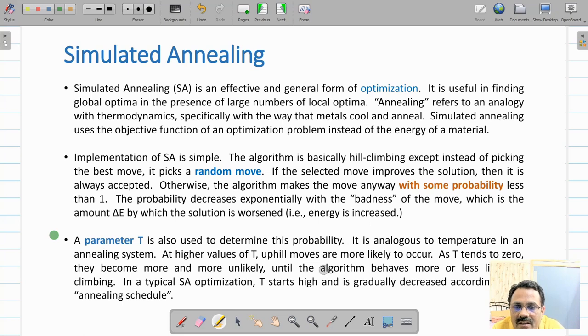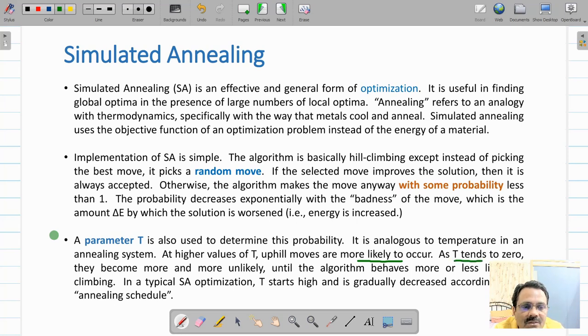T is used for determining the probability. That is analogous to temperature in the annealing system. Here in the simulated annealing algorithm, you are finding the probability, and the equivalent of that in a thermodynamic system is temperature. At high temperature, uphill moves are more likely to occur. Uphill moves generally are not preferred because you have to go down. It's a minimization problem. But initially, when temperature is high, the probability of selecting a worse state will be high.